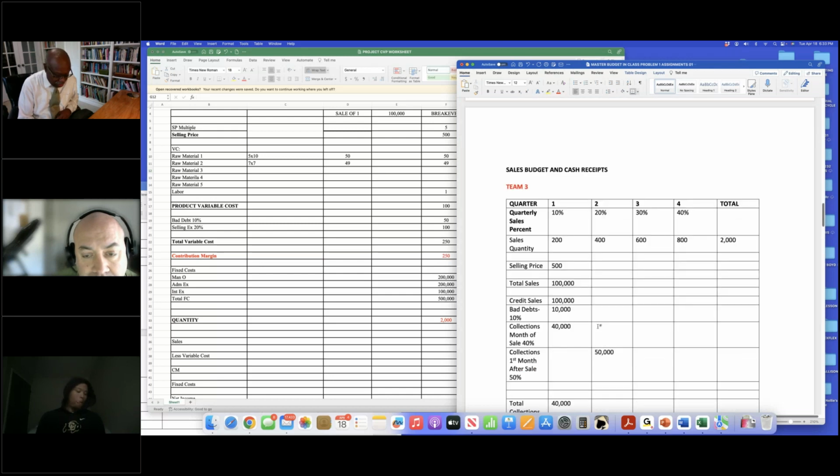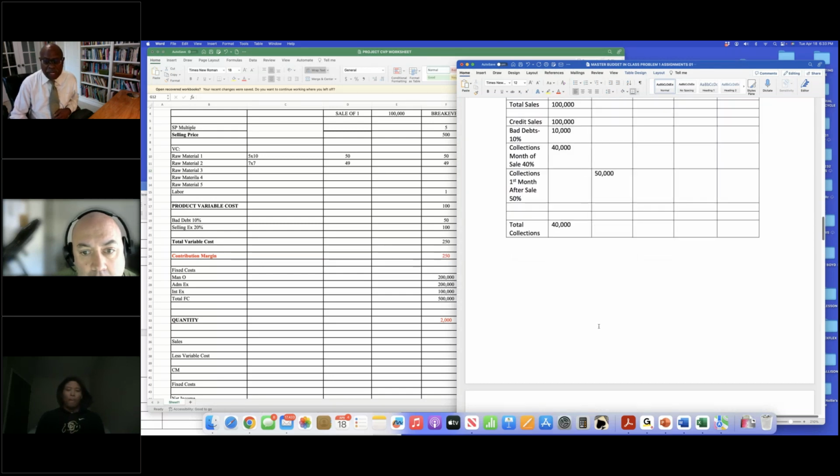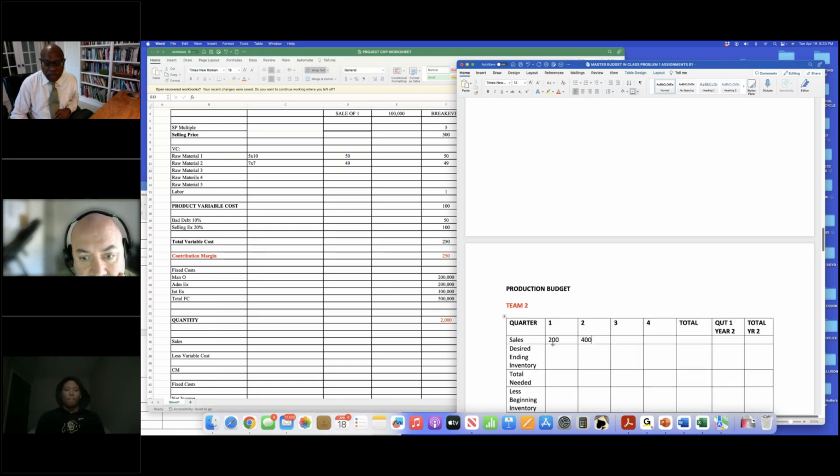I'm gonna put 400 here. So we got to make in the first quarter this 200 plus 50% of the second quarter's amount, 200. So the total needed is 400.